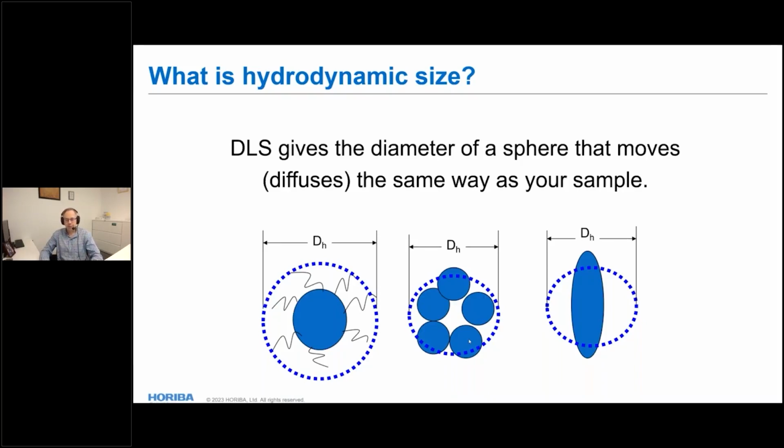So if you have something that's football shaped or tubular, we're going to obtain a hydrodynamic size that is a reflection of how that overall particle moves. And it's nothing quite so convenient as the minor or major diameter of an ellipsoid, for example. It's some combination of the two.